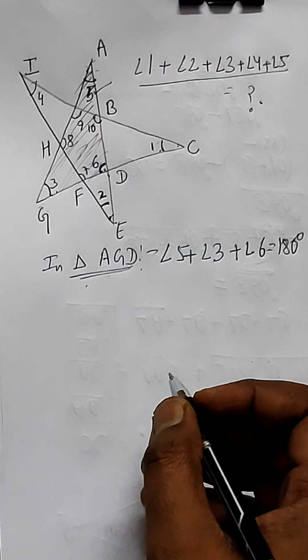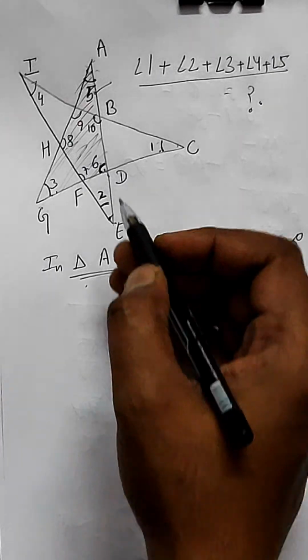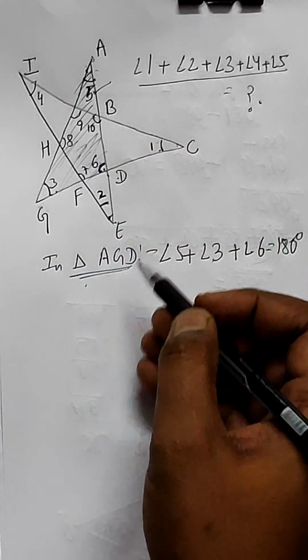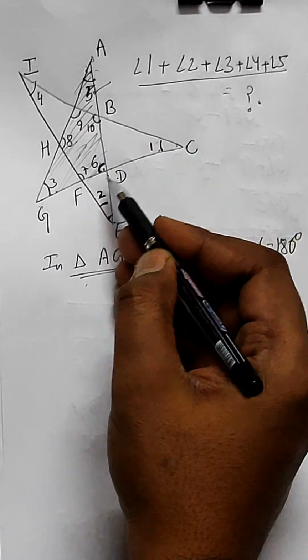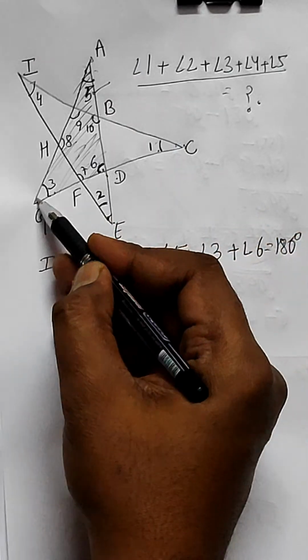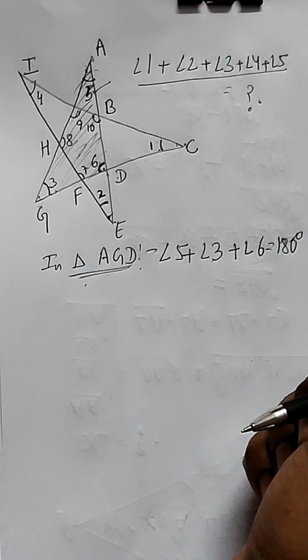Similarly, you take another triangle. You have taken AGD. After that, take another triangle CGB.